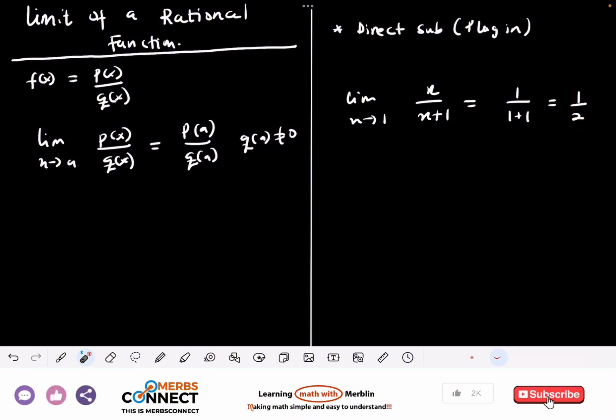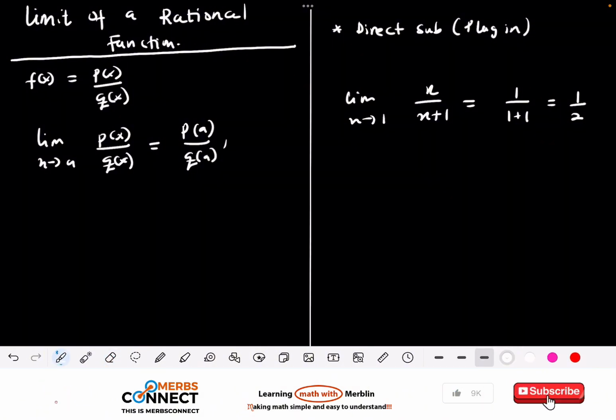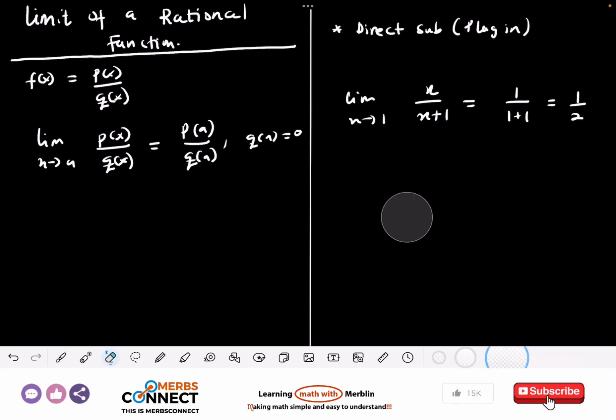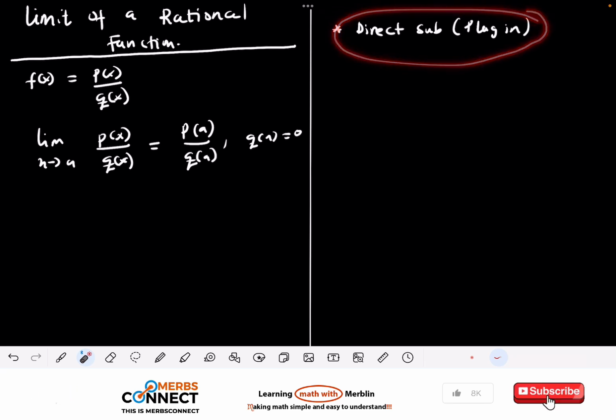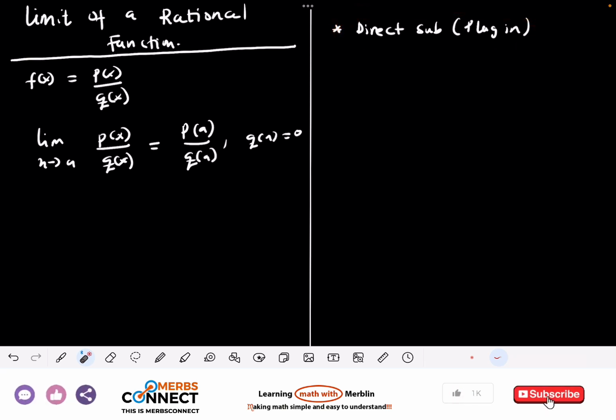But now let's look at the idea when I plug in a and I get the denominator to be 0. Let's assume that k of a is equal to 0. Let's look at what we are going to do. When I see a rational function, the first thing I do is direct substitution and find out if I get a result.